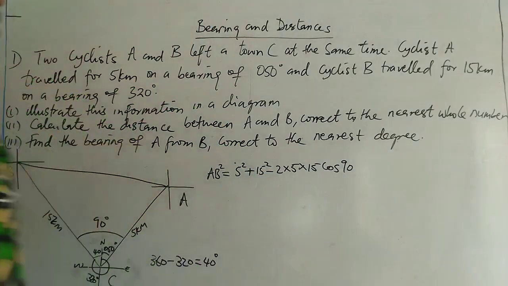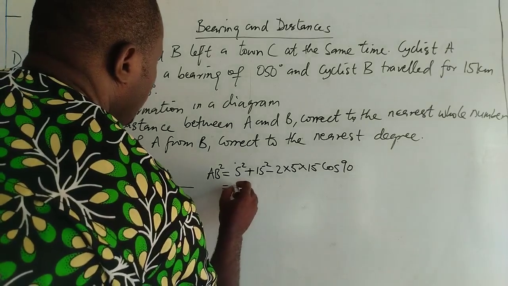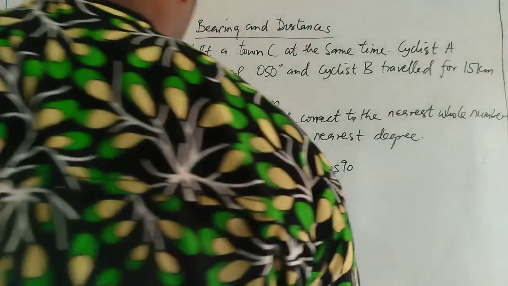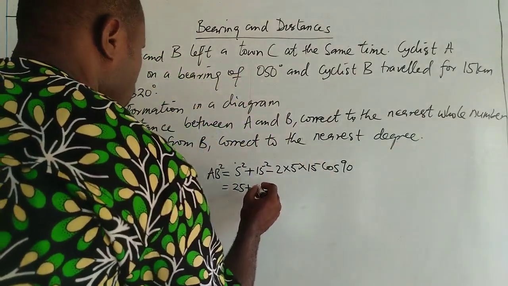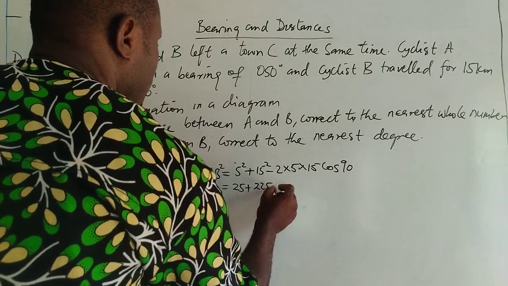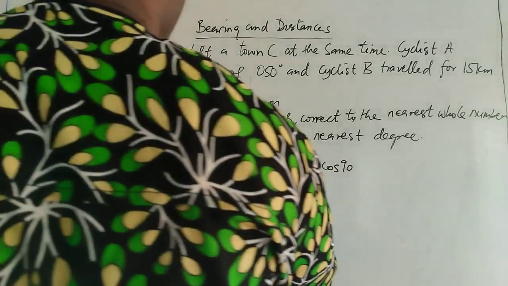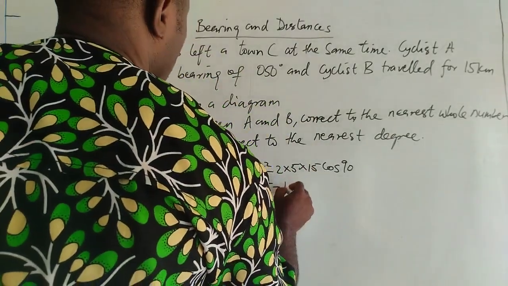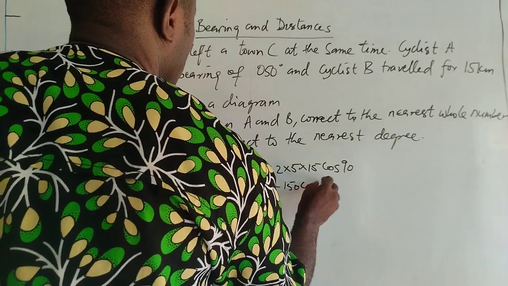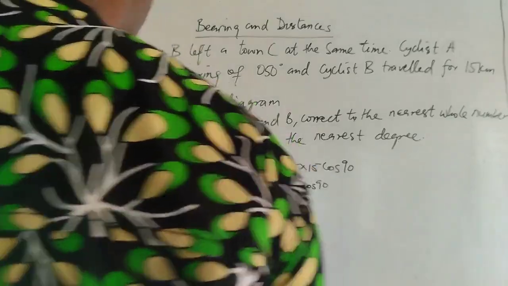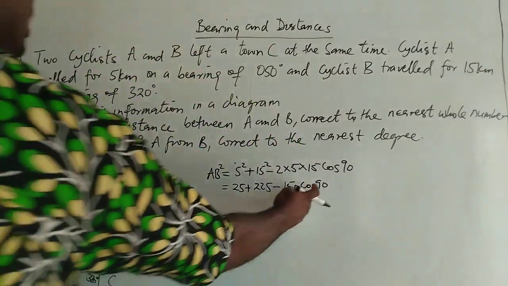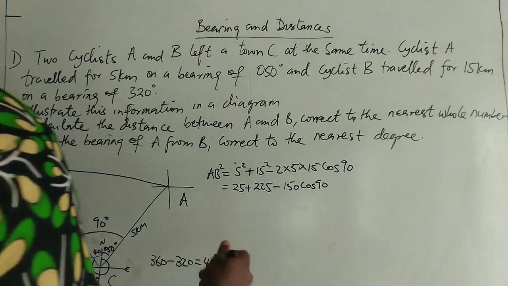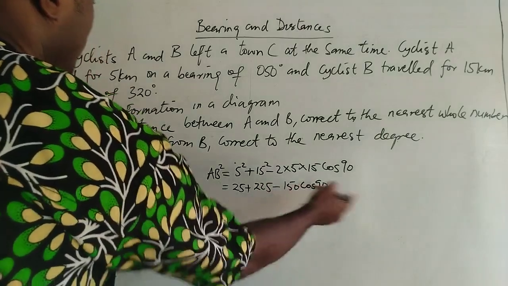Now, when we move down, we have 25. 15 squared will give us 225. Then 2 times 5 will give us 10. 10 times 15 will give us 150 cos 90. Now, cos 90 is 0. So 150 times cos 90 is 0.